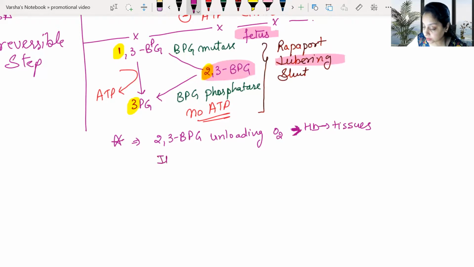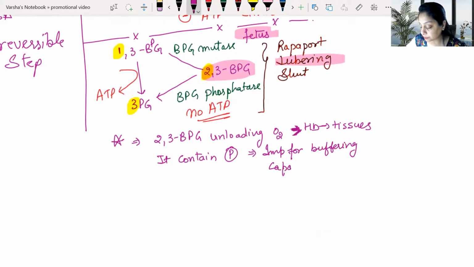And it contains what? It contains phosphate, and the phosphate is important for that. We have phosphate buffer, so it is important for maintaining the buffering capacity of RBCs. Very, very important points I'm giving you, highlighted important points.